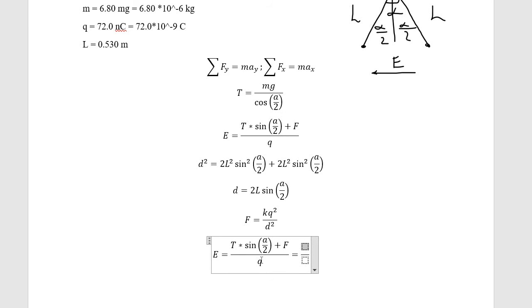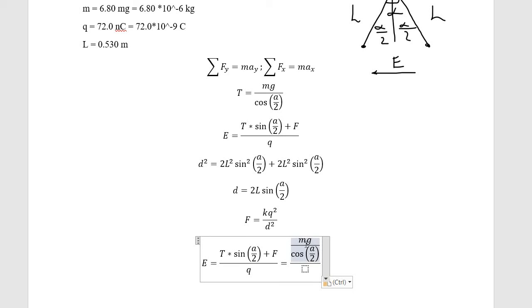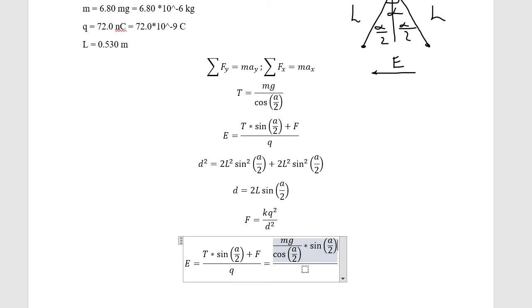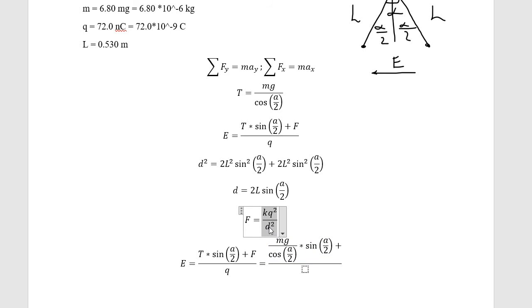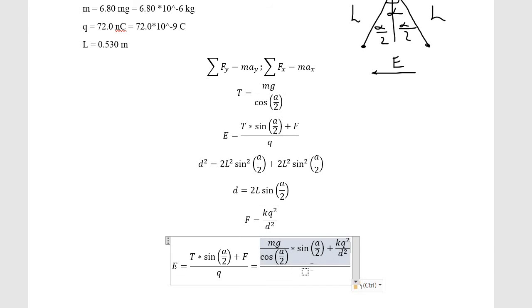So we substitute in this for T, so we can just copy that, multiplied by sine of alpha over 2, plus F, which is kq squared over d squared. We can substitute it as well, and over q.